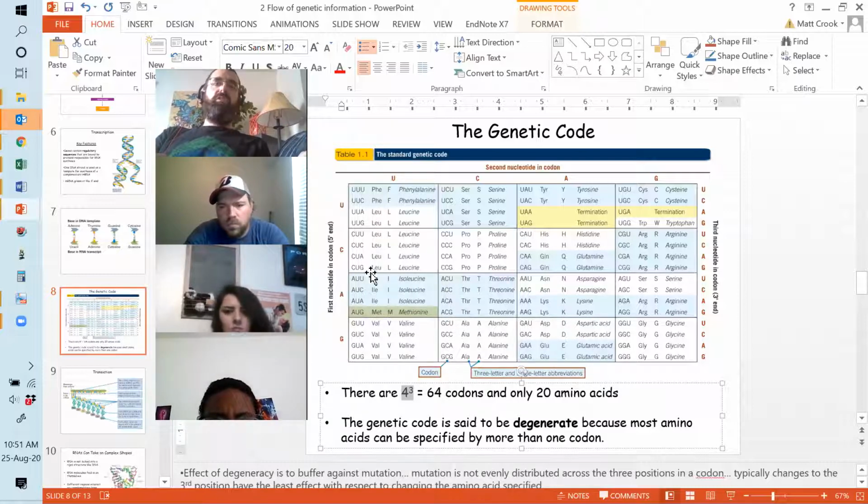For leucine, you can have any letter at the 3rd position, and you still have a leucine. And you can even change for a couple of those the 1st letter in the word, and you'll still have leucine, right? So this gives you a little bit of a buffer against mutation, and we'll talk a bit more about that next class. So I'm kind of out of time right now.